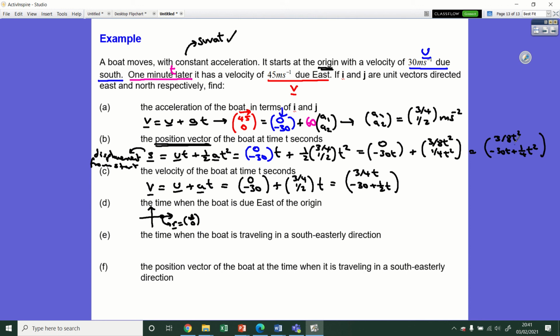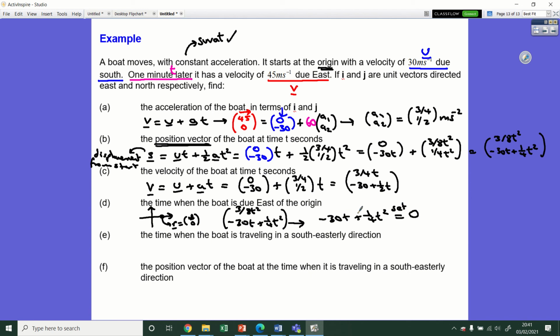So what we're looking at is this vector here for our displacement, 3/8 t squared, minus 30t plus a quarter t squared. But then it's only the bottom part that we're interested in, making it 0. So that means that minus 30t plus a quarter t squared equals 0. Let's set it equal to 0.